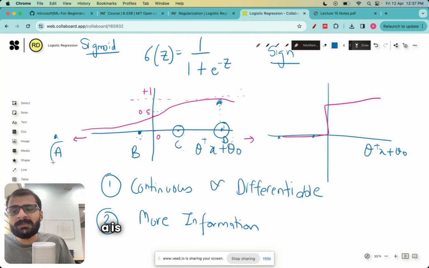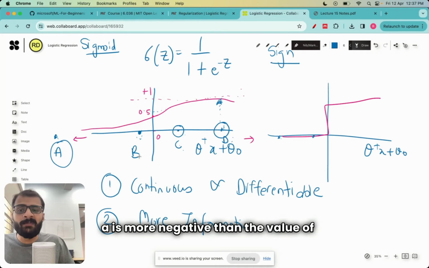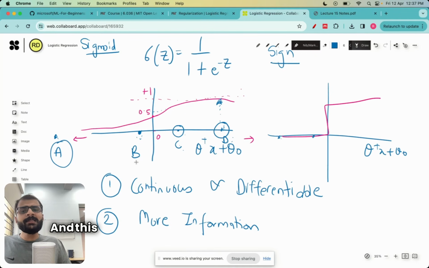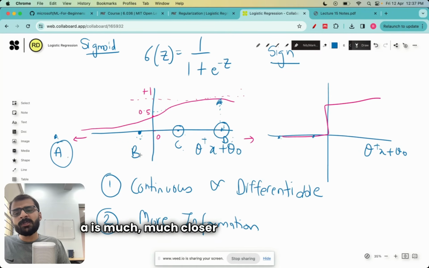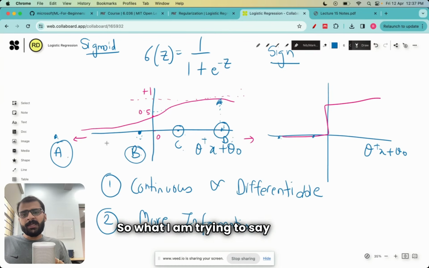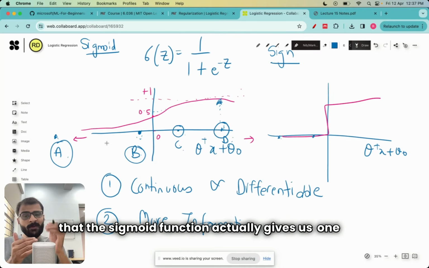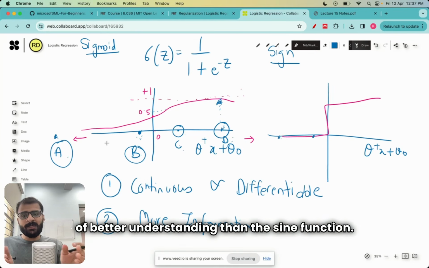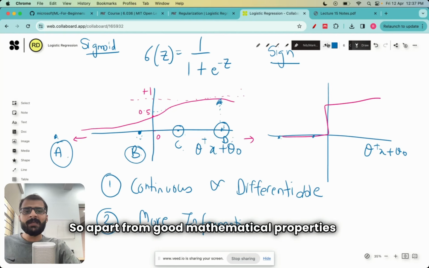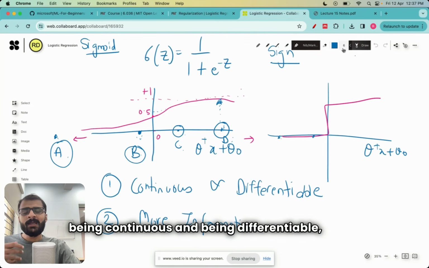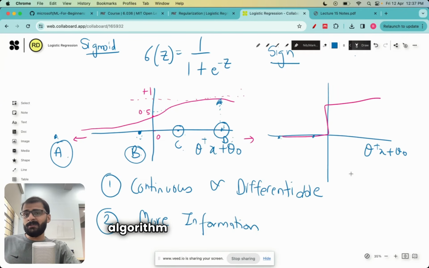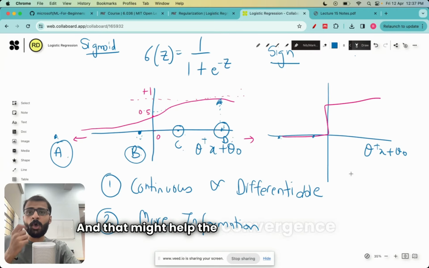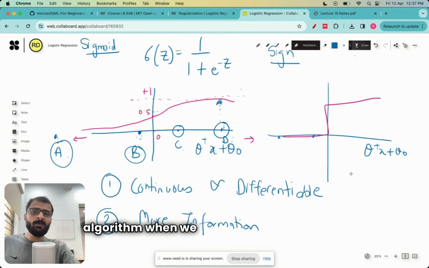But the value of A is more negative than the value of B, and this might indicate that the prediction for A is much closer than the prediction for B, although both give the correct answer. So what I'm trying to say here is that the sigmoid function actually gives us one layer of better understanding than the sign function. So apart from good mathematical properties like being continuous and differentiable, it also gives us more information about how our algorithm is potentially performing, and that might help the convergence of the ML algorithm when we move to that stage later.